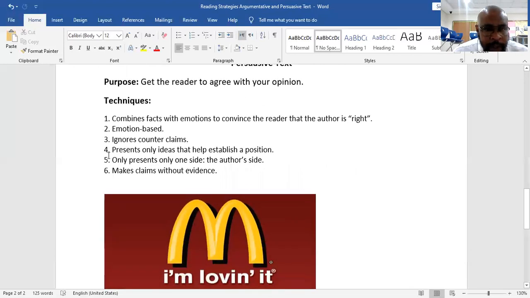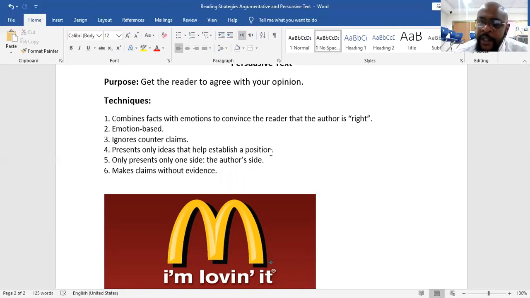The fourth one is presents only ideas that help establish their positions. Like I said just a moment ago, it is there to convince you that their side of things is the right way, right? And their position is the right way. It's not scientific, it is not fact-based, it is emotion-based, and it is about right and wrong and not so much about the truth.